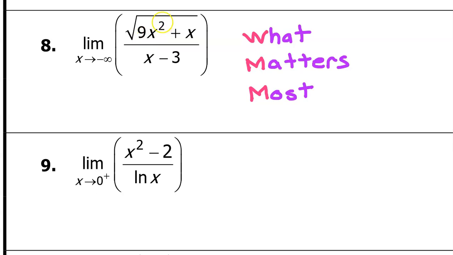So this term that has the x squared in it will grow much faster than the x term. So as we get closer and closer to negative infinity, the x term is not going to matter. Similarly, in the denominator, this constant is going nowhere, it just stays negative 3 as the x takes off towards negative infinity. So this negative 3 is not going to matter.